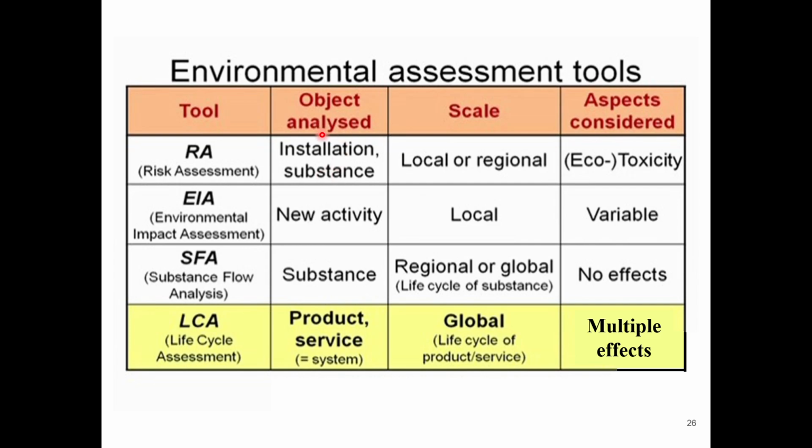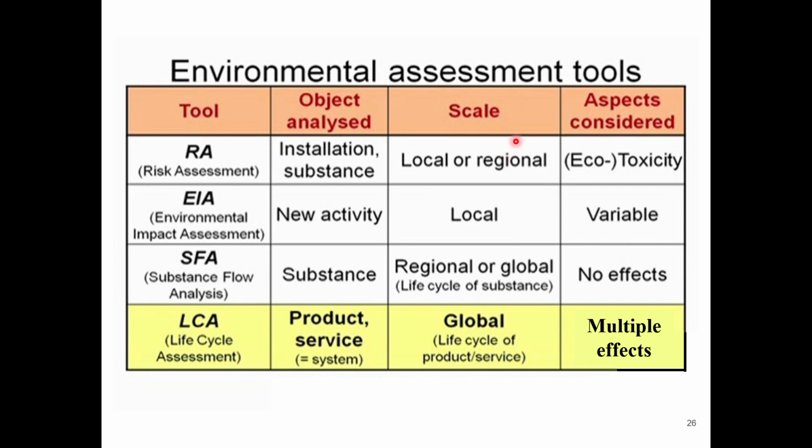The object analyzed for every tool is different. For RA, it is basically installation and substance. For EIA, it is the new activity. For SFA, it is the substance, and for LCA, it is the product and service, which is the system.